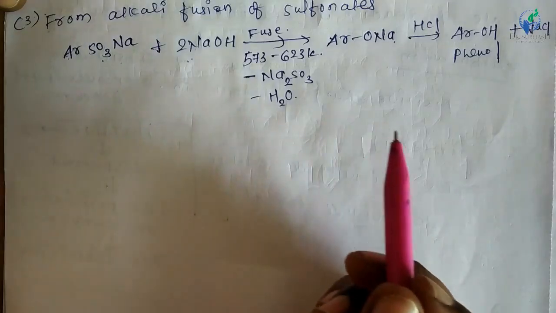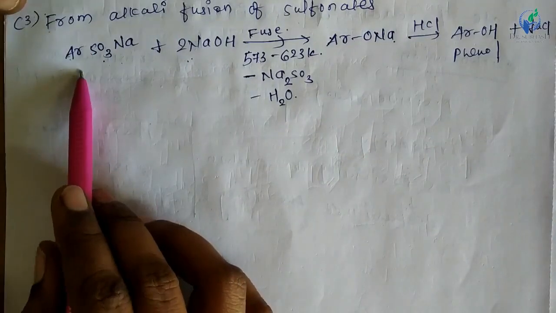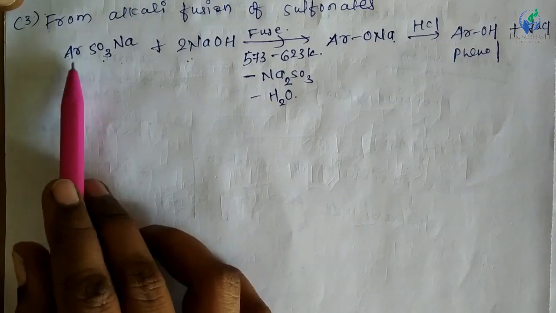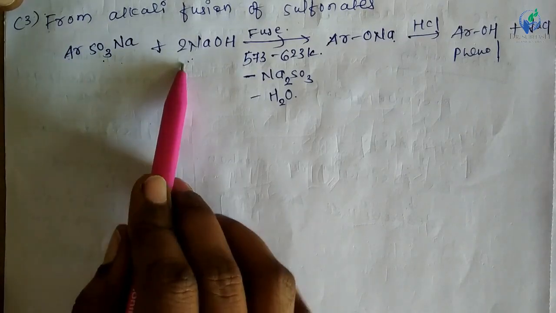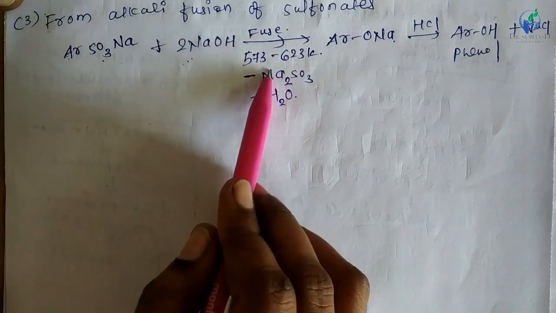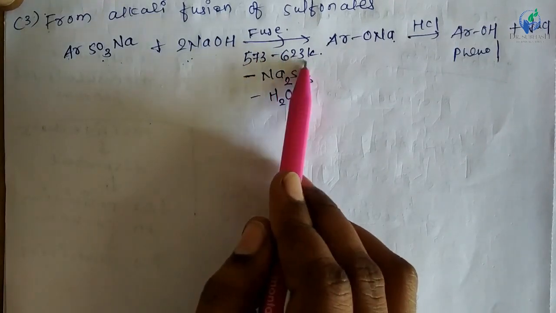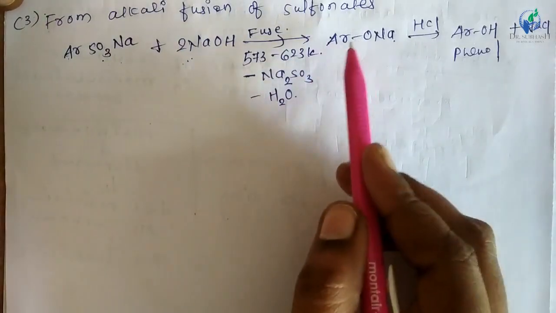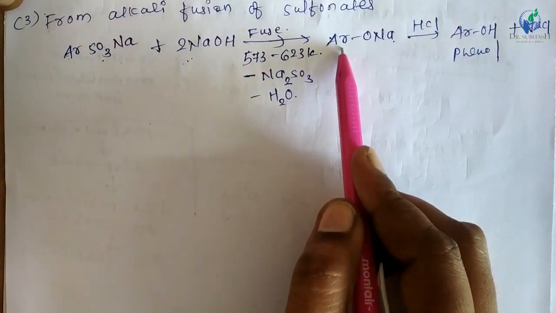So it is a two-step reaction. In the first step, the sodium salt of aromatic sulfonic acid is heated with excess of caustic soda, that is sodium hydroxide. It gets fused at the temperature of 573 to 623 Kelvin, and converts into the sodium salt of phenol, that is sodium phenoxide.